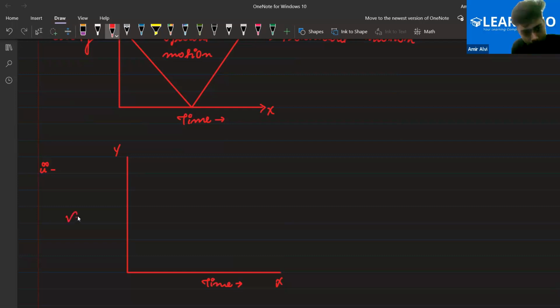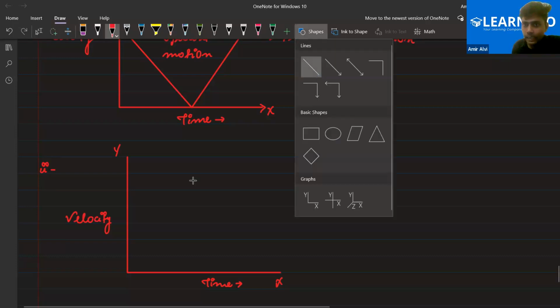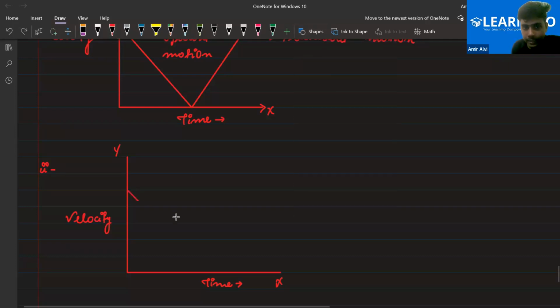This is velocity again. So the trolley is decreasing its speed up to a certain point, and then it will perform a uniform motion. Uniform motion would be parallel to the time axis.